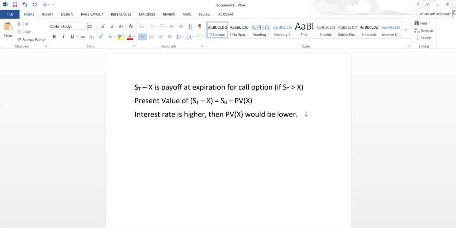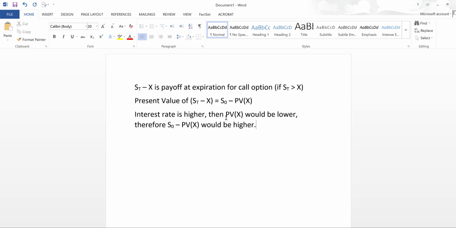So interest rate is higher, your present value of X is lower, and therefore S0 minus PV of X, right? So this is S0 minus PV of X. The present value of your payoff would be higher, right?